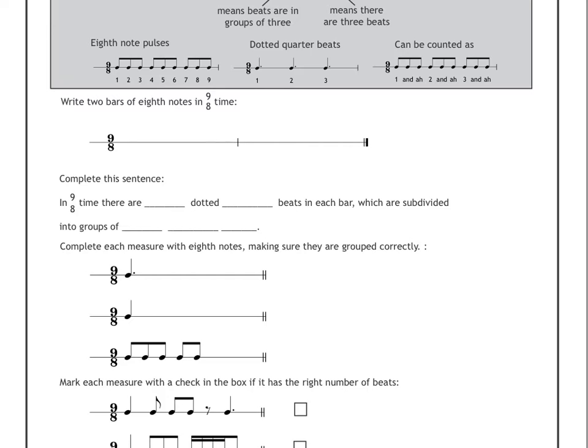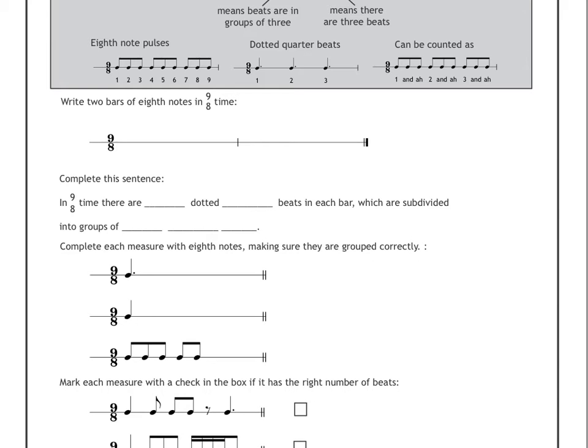So take a minute, write out 2 bars of eighth notes in 9/8 time. You'll have 3 sets of triplets here, 3 sets of triplets there, and then complete the sentence just like in the previous page. In 9/8 time, there are how many dotted what rhythms?